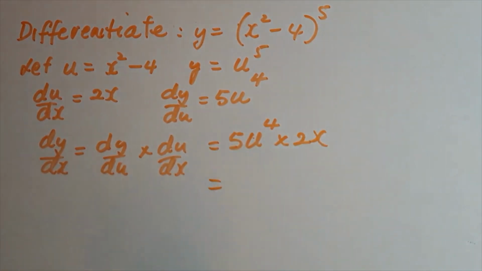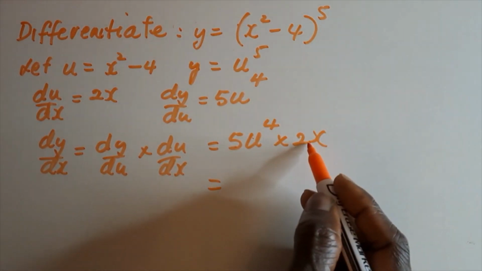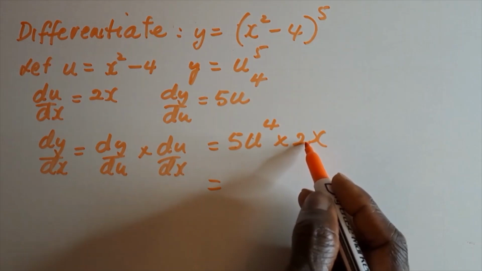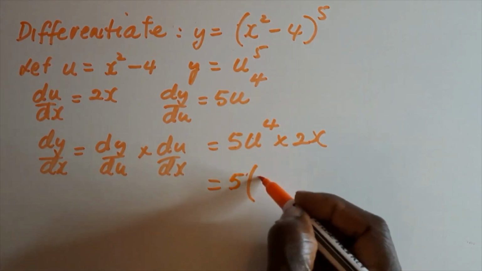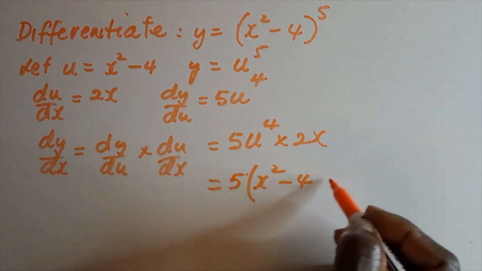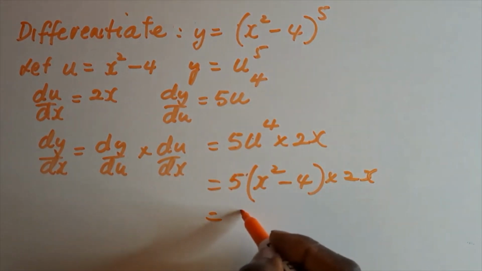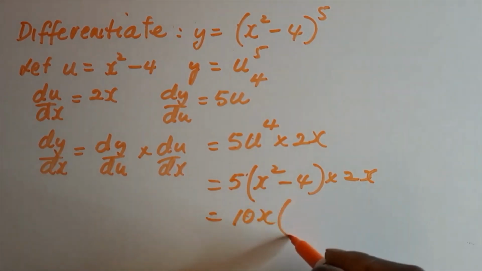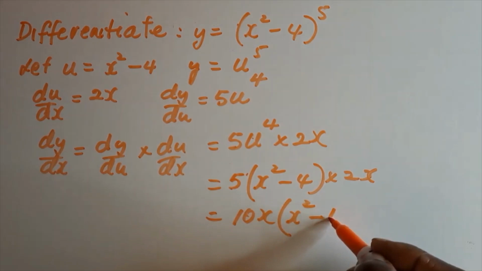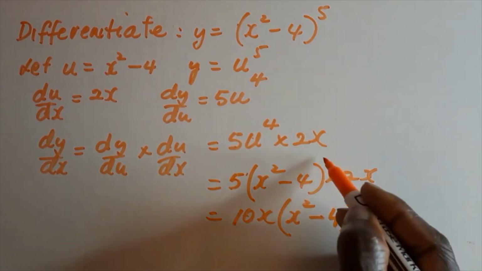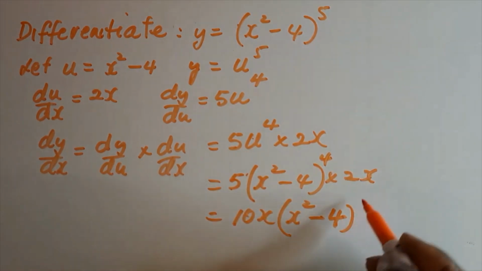Now we can substitute for u, and we have, let's do this first, 5 brackets x squared minus 4, and we times 2x, that becomes 10x brackets x squared minus 4. Oops, I forgot my power of 4.